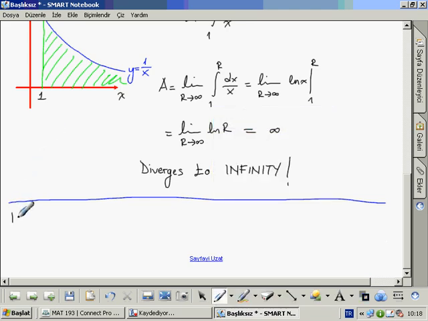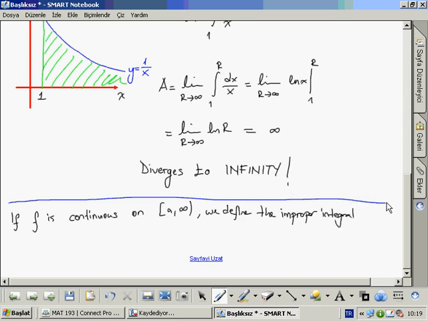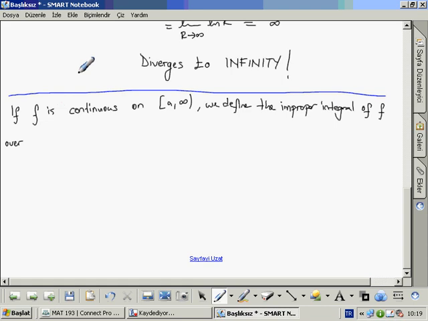And let me continue. If f is continuous on the half open interval [a, infinity), we define the improper integral of f over [a, infinity) as a limit of proper integrals.